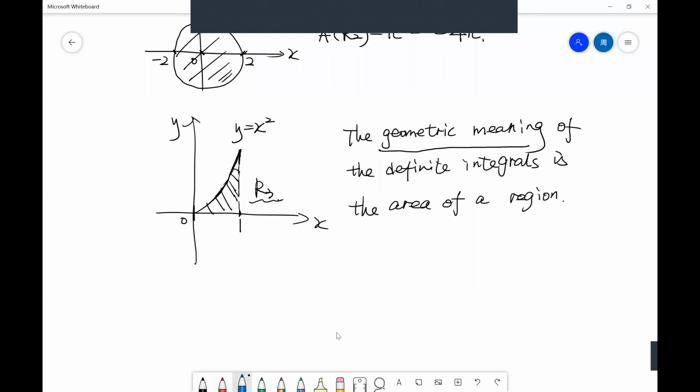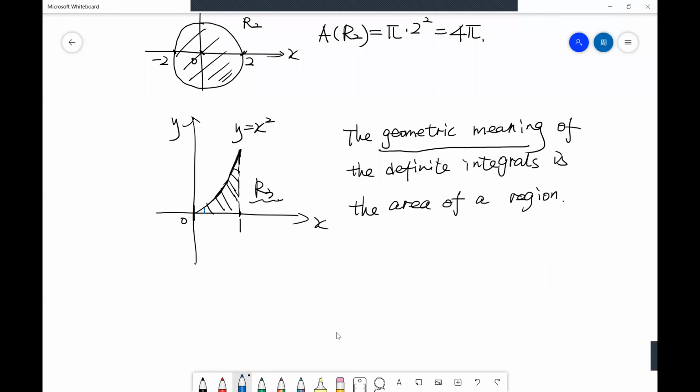First, I will give you the thought here. First, we can subdivide the interval from 0 to 1 into many parts, maybe n parts. And then here we can see we have subdivided the region into many small parts, right?